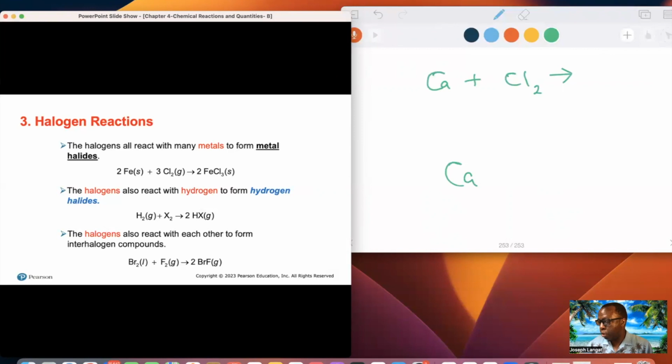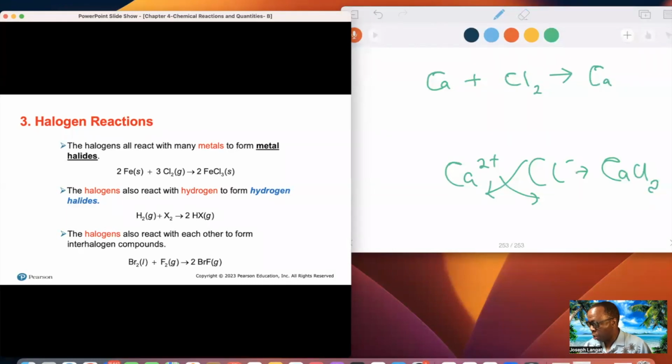Remember, calcium is in group 2, so it has a charge of positive 2. Chloride, so the correct formula is CaCl2. So what I'll do is write the correct formula here, CaCl2. We need to balance the equation, but it looks like it's balanced.